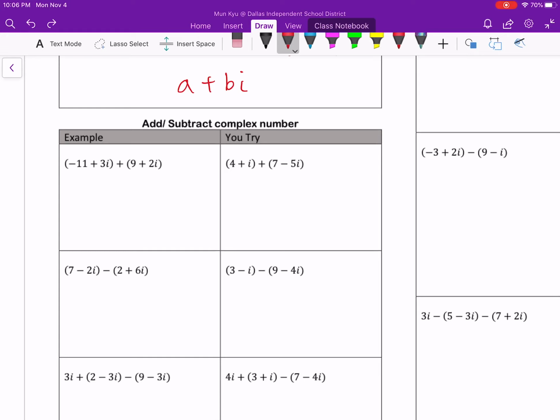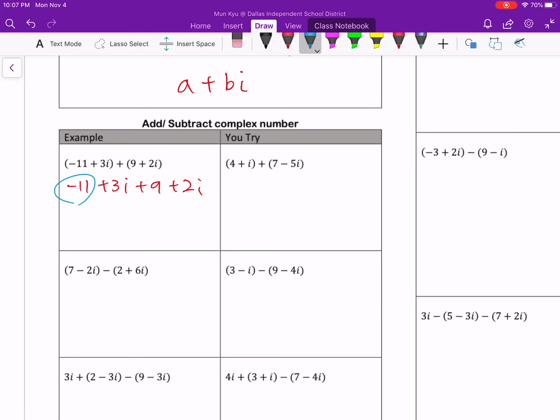So here, let's do one by one. Do you see this one here? Positive one? It should be easy, because if you distribute positive, nothing changes. You're just adding them. So it's going to be just negative 11 plus 3i plus 9 plus 2i. And let's do combining like terms.